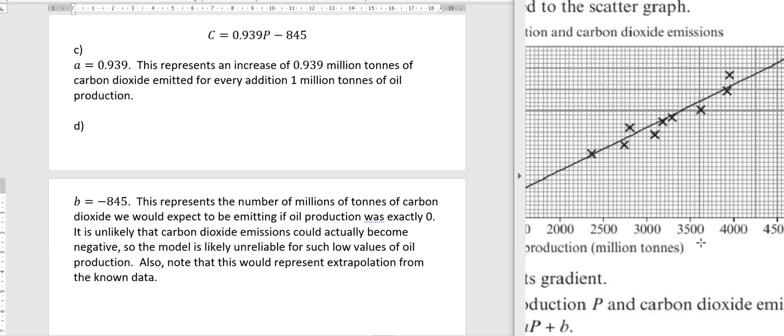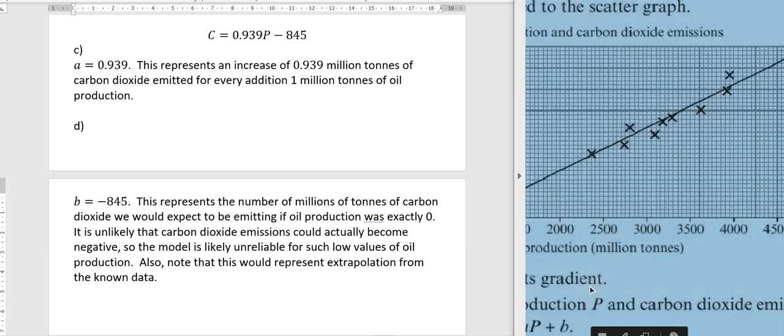And if we go as low as, say, 2,000 million tons, we're starting to get to dodgy ground because we don't have data there. And if we go beyond 4,000 million tons, similarly, we don't have the data. In fact, from the uptick, more or less around 4,000, it looks like potentially the increases in carbon dioxide emissions might grow faster than a linear model would predict, even beyond that point. But we just can't say for sure because we don't have data beyond that.